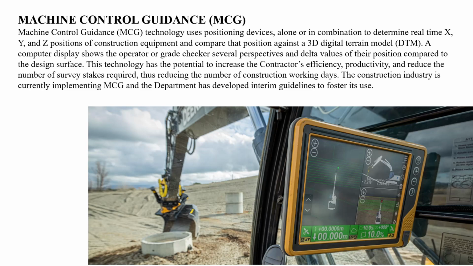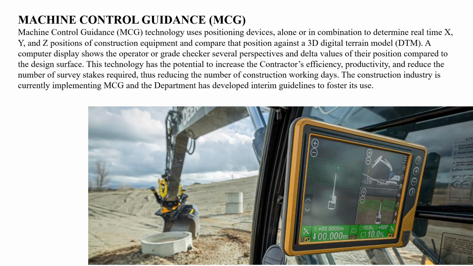Machine control guidance. Machine control guidance technology uses position devices alone or in combination to determine real-time X, Y, and Z positions of construction equipment and compare that position against a 3D digital terrain model.